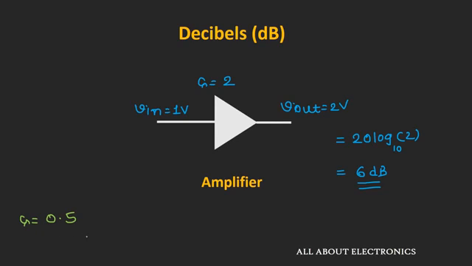Similarly, let us say if the system is providing the gain of 0.5, then in decibels it will be equal to 20 log of 0.5, which will come out as minus 6 dB. So every time the output voltage is half of the input voltage, then we can say that the gain that is provided by the system is minus 6 dB, or the attenuation that is being provided is 6 dB.